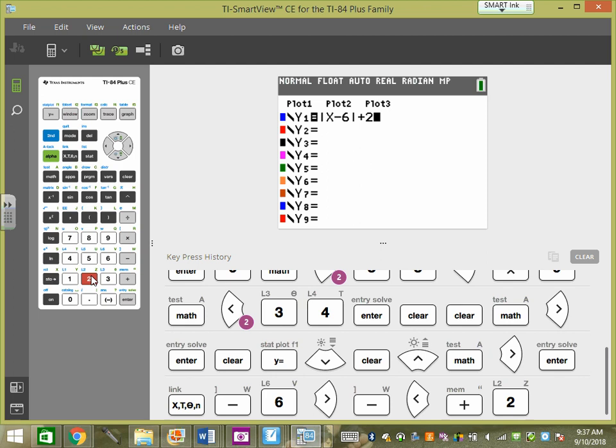X negative 6, you don't have a sign in there. If you don't have a sign in there, or a symbol, or operation, X negative 6, our operation is multiplication, right? But if we want a minus, we have to go x minus 6. We agree? They're totally different functions. You have to put it in the way you say it. So if x minus 6, go x minus 6, not x negative 6, right?